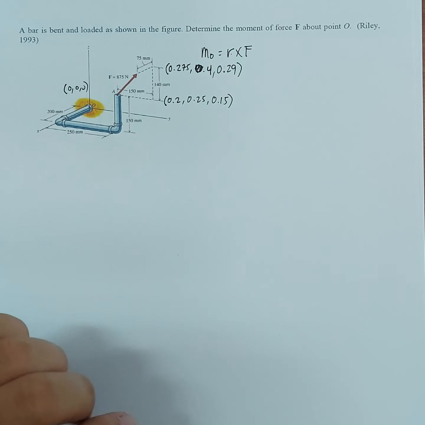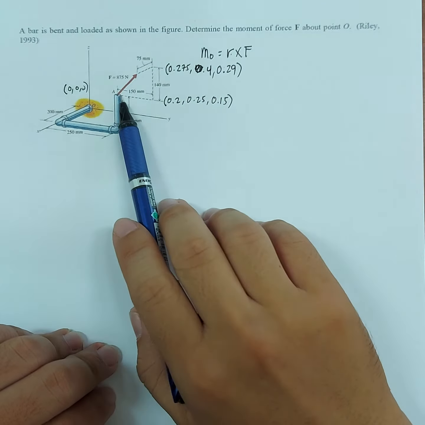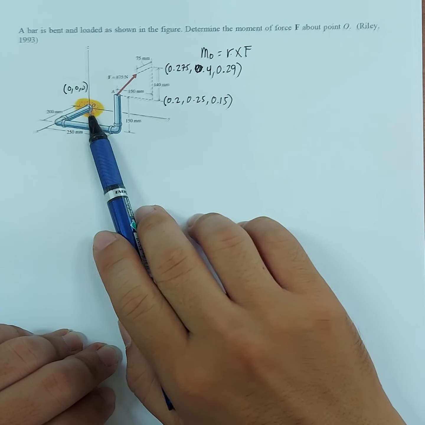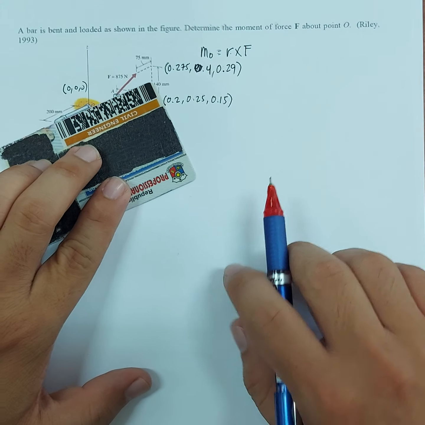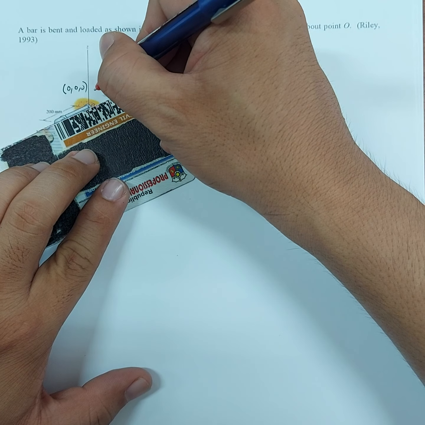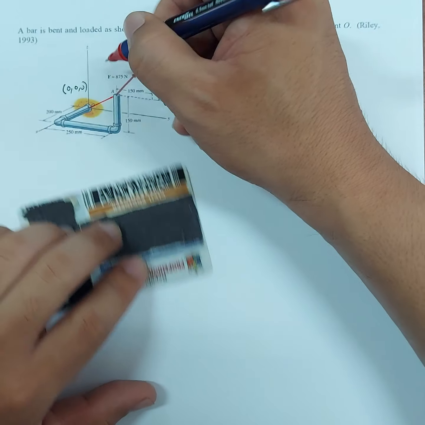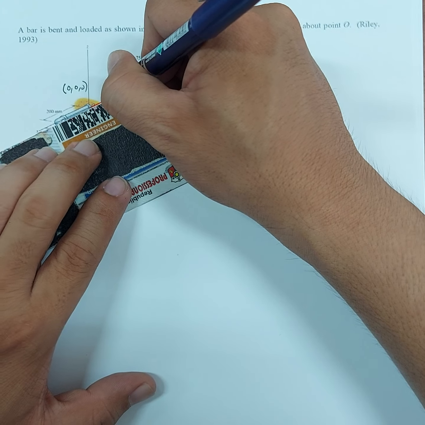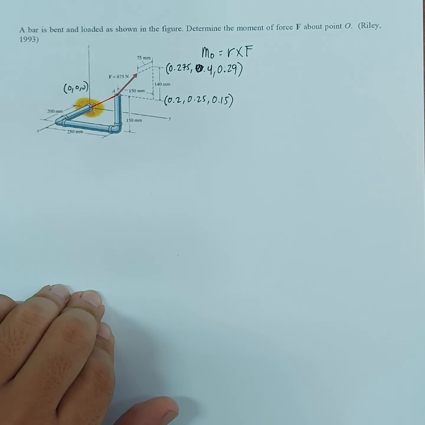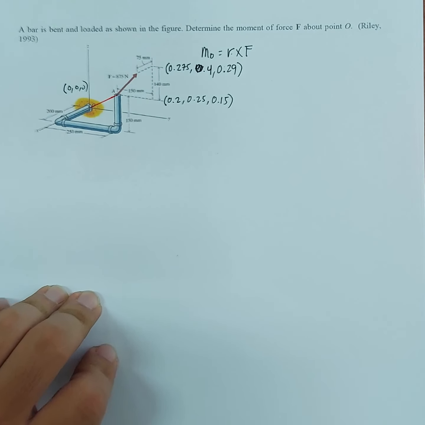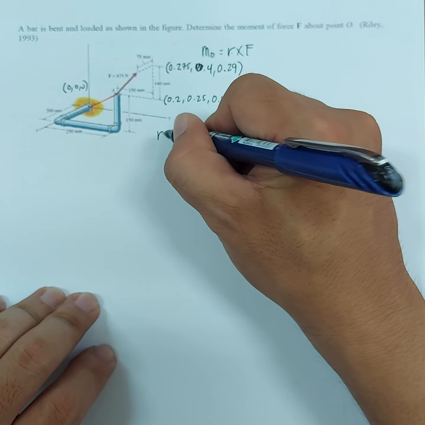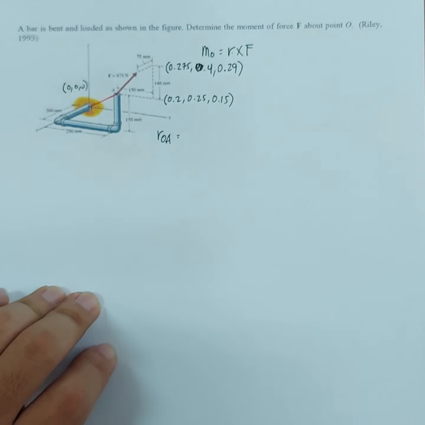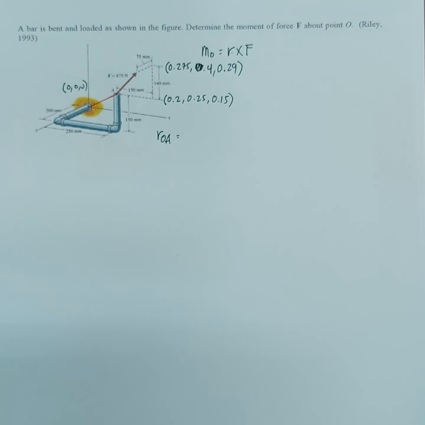Okay? So obviously, ito na lang yung ating pipiliin na line, since at those 2 points, alam natin yung coordinates so that we can solve for the position vector. So, ito yung pipiliin natin. So, ROA. So, position vector natin, ROA.